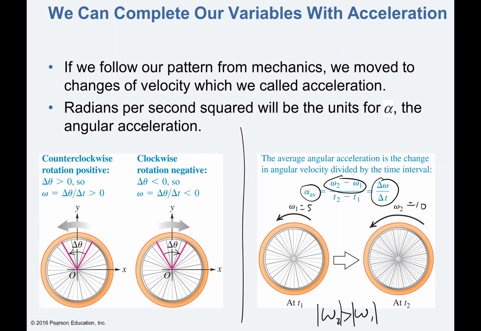Well, it means that alpha in this case is going to be positive, right? So alpha is positive because you are moving counterclockwise and you're speeding up counterclockwise. Okay. That means your speed increases as you're moving in a positive direction.